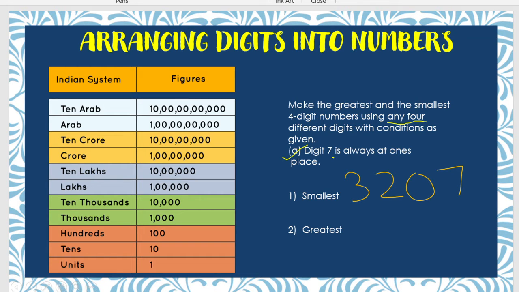Now I'm writing a greater number where 7 is at ones place. 9, 7, 4, 7. Yes, I can repeat a number because it is not given in the condition that you can't repeat the number. Okay, now you are done with this, and I think you are able to understand it properly. If you're not able to understand, then you can ask me again.